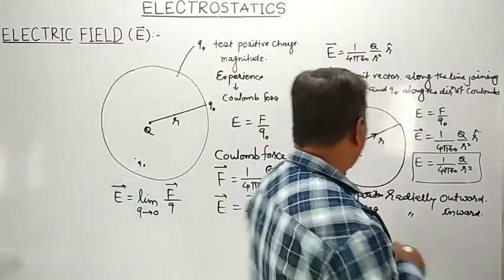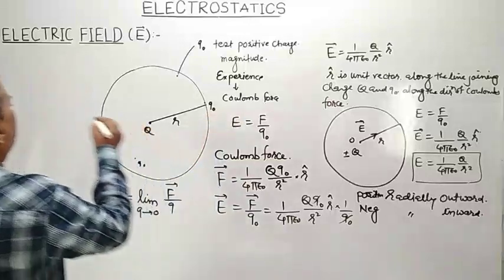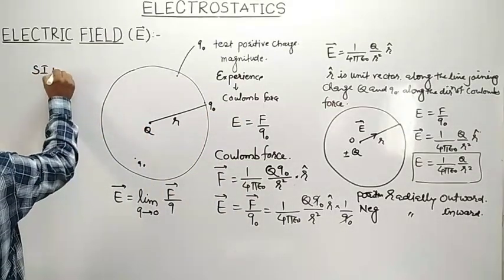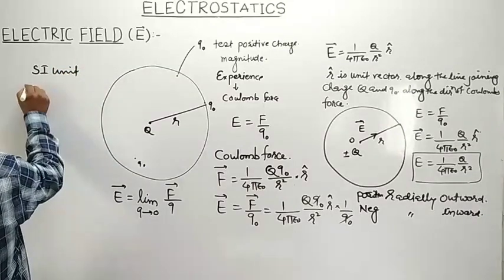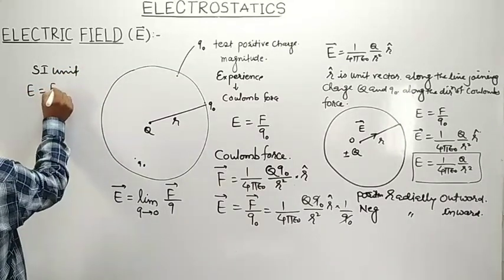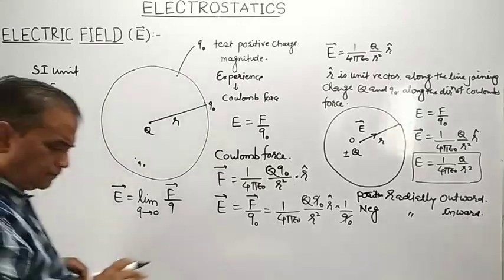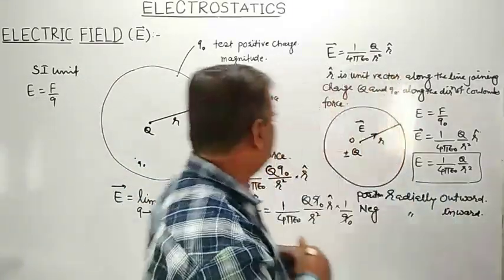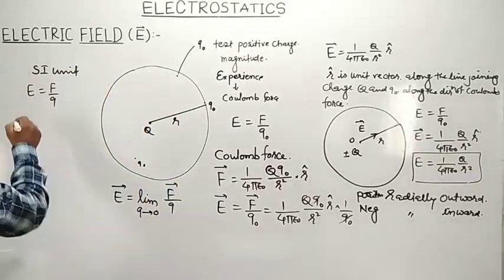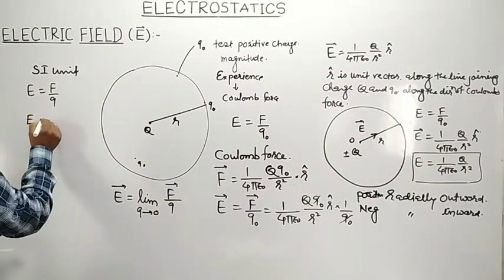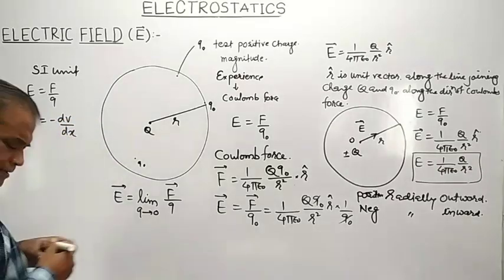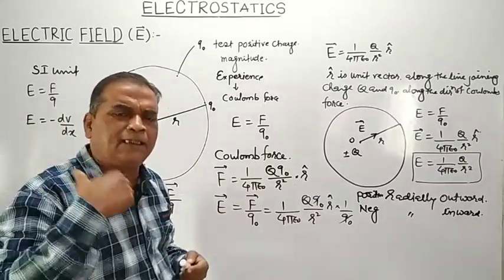Now, as far as the SI unit of electric intensity is concerned, you know that E is equal to F by q. Also, in your lower classes, you know that electric intensity is the negative of potential gradient.